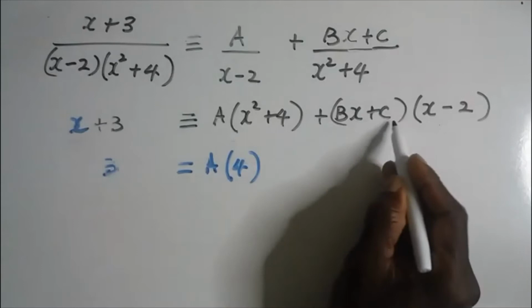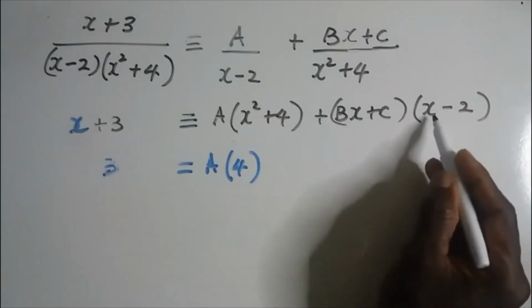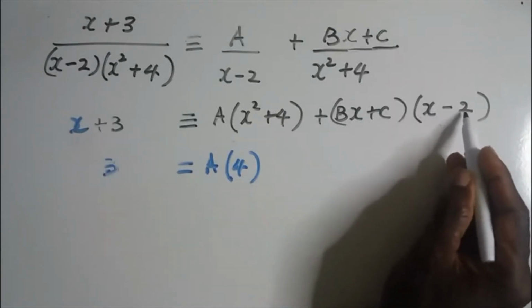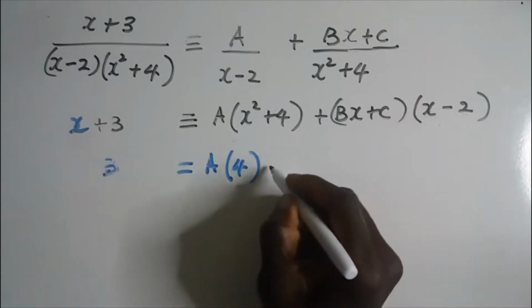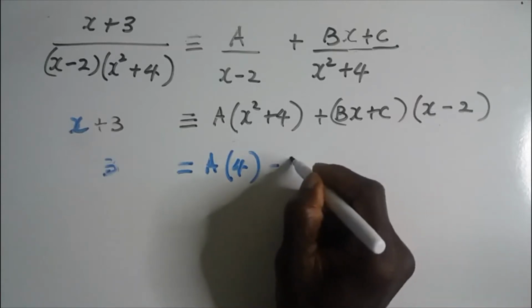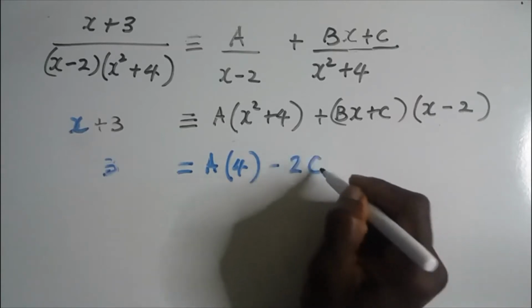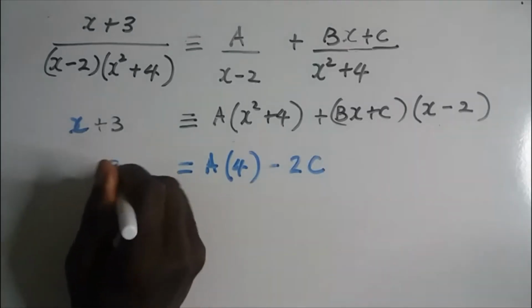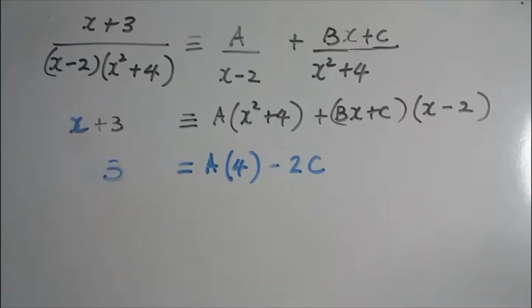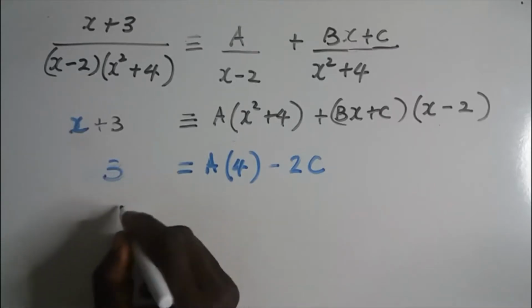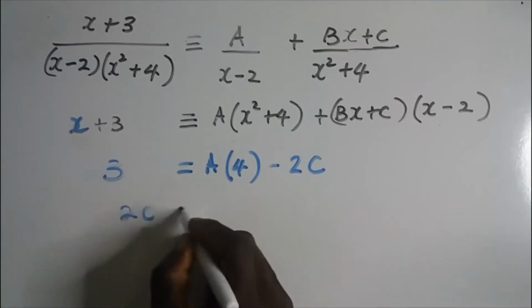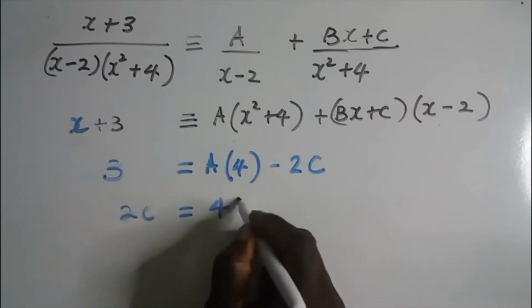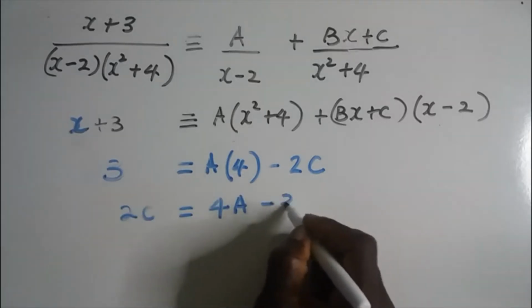This is 0, and we'll have C times 0 minus 2, which is negative 2C, sorry. So we have 2C now is equal to 4A minus 3.